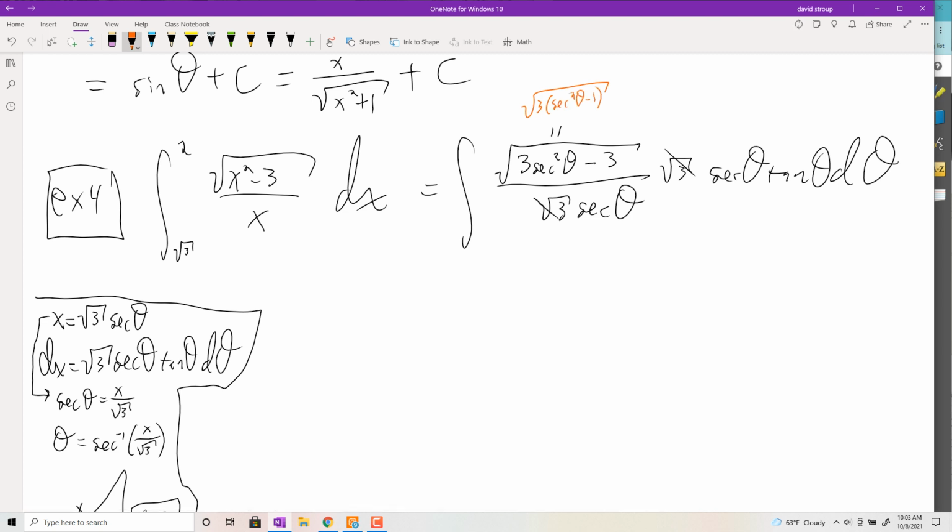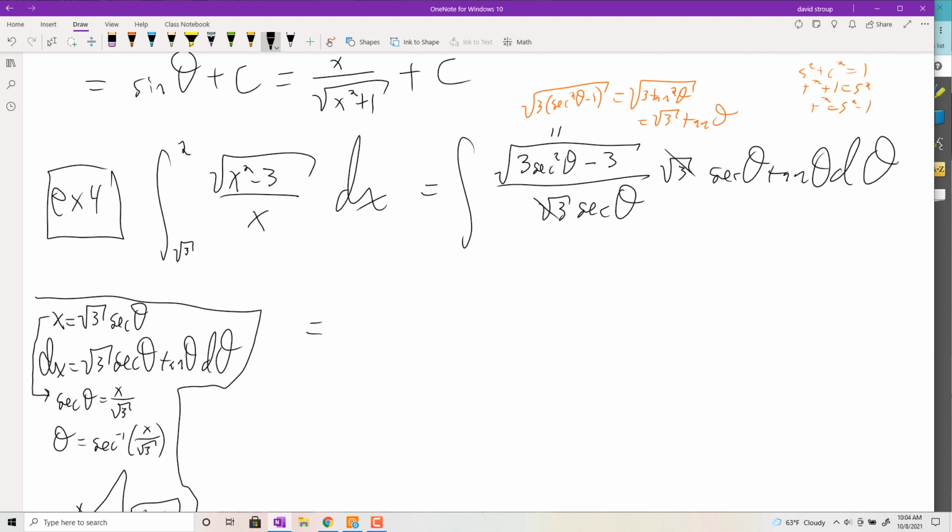Remember your identities. Sine squared plus cosine squared is 1. Tan squared plus 1 is secant squared. So therefore, tan squared is equal to secant squared minus 1. So this will be root 3 tan squared theta, and that will be root 3 tan theta.